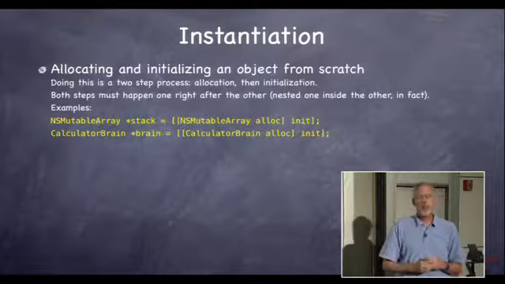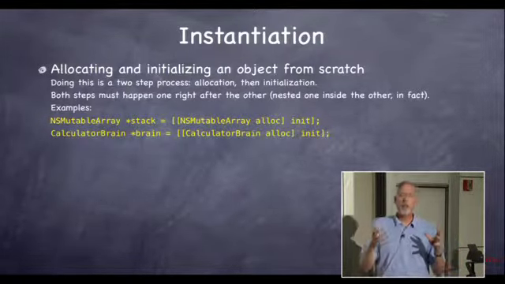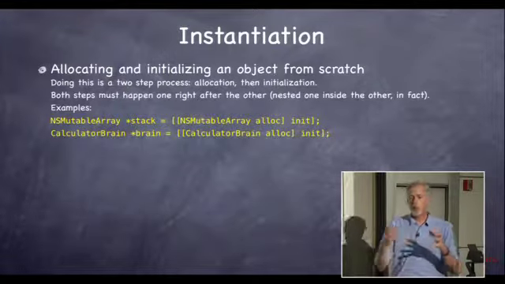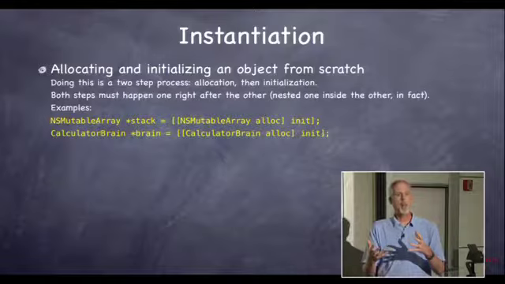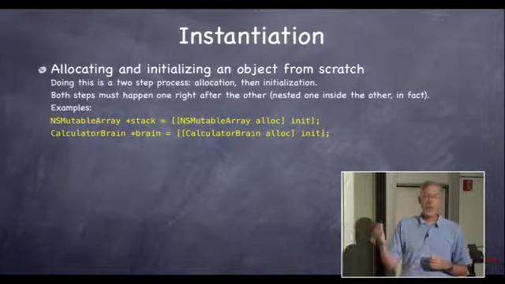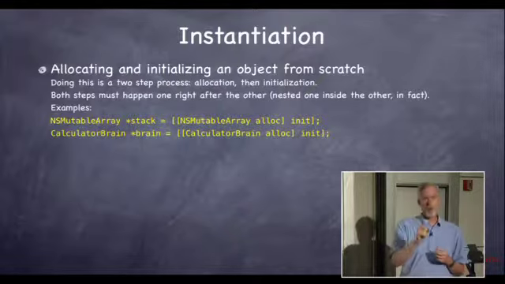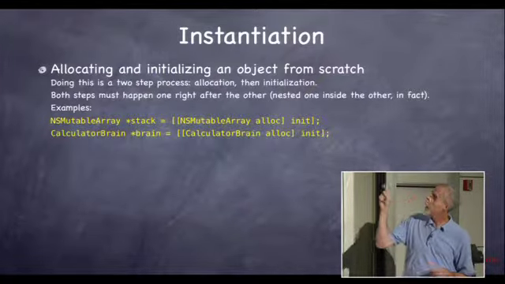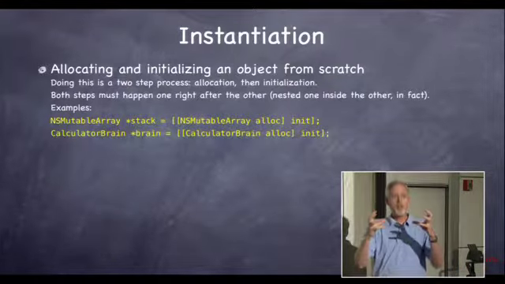That's what alloc does. But you know, a lot of objects, if you created them and they're all 0 like that, they're not ready to go. They need some initialization. And whether an object needs initialization or not, we always, 100% of the time, wrap init, or some form of init, onto the outside of the alloc.